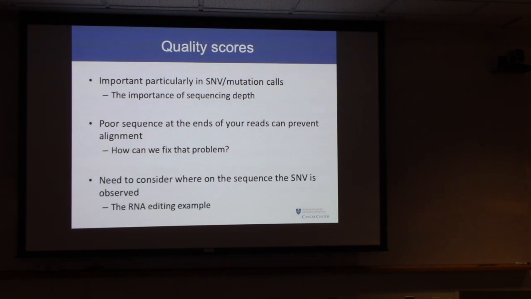Quality scores, again, are very important when you're calling single nucleotide variants, or SNVs, or mutation calls. People sometimes don't realize that there are differences on the sequence read, where the read is and what kind of error you get. One of the things that we see is that if you go from base 1 to 50, usually the quality scores are pretty good.